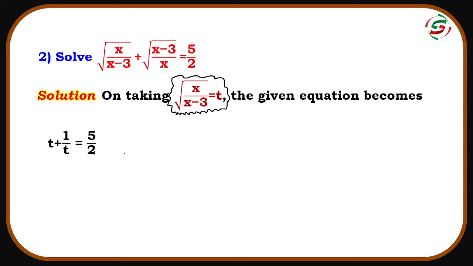So t plus 1 by t equal to 5 by 2. Therefore, t square plus 1 divided by t equal to 5 by 2. So this will be 2t square minus 5t plus 2 equal to 0.